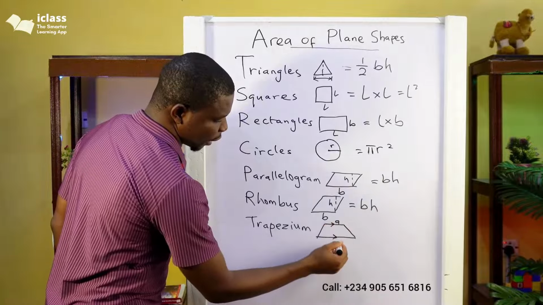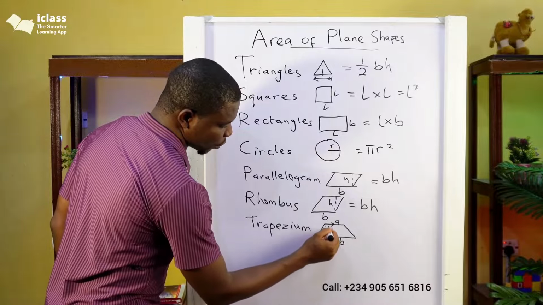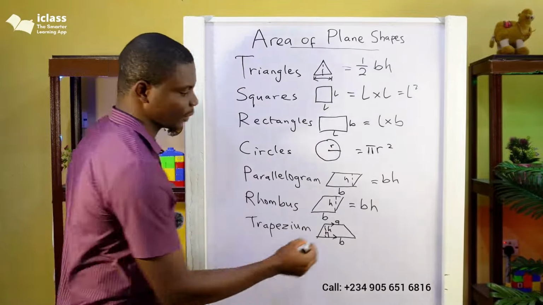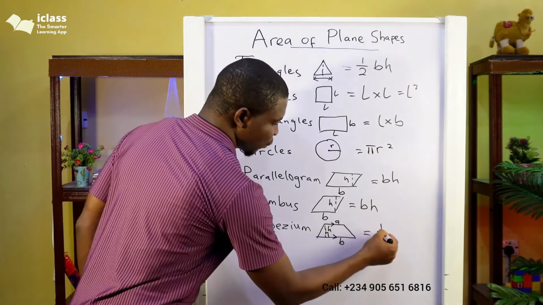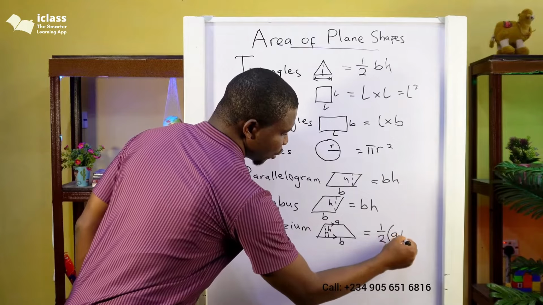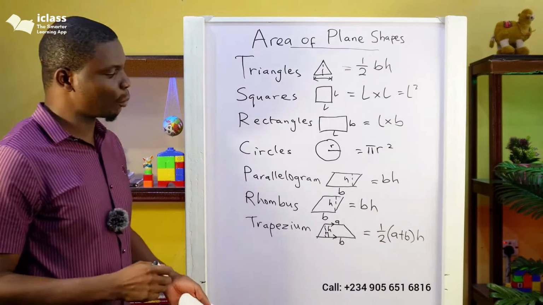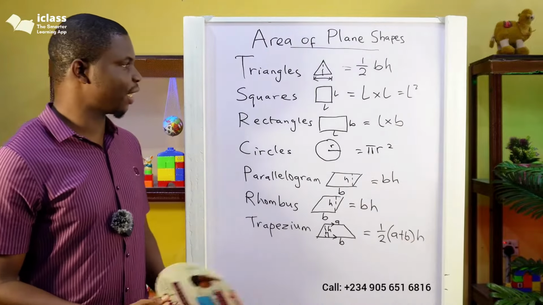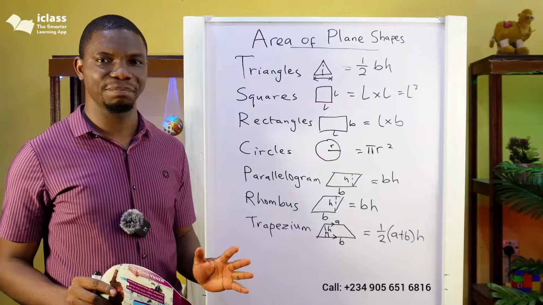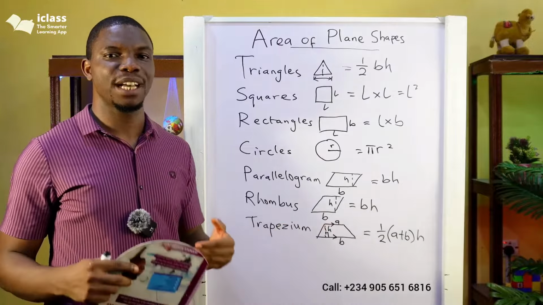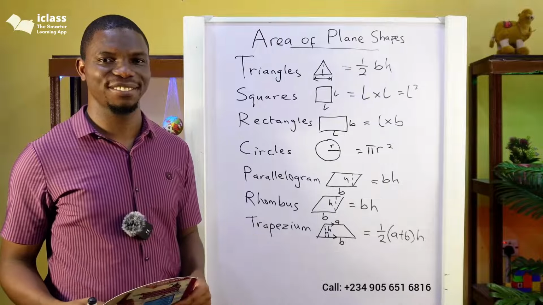Let me label this as A and this as B. And then the distance between the two parallel sides, let me call it H. The formula for the area of a trapezium is half the sum of the parallel sides times height. Now with these formulas, finding the area of any of these shapes will be pretty easy. We are going to use this and solve some practice questions after this break.